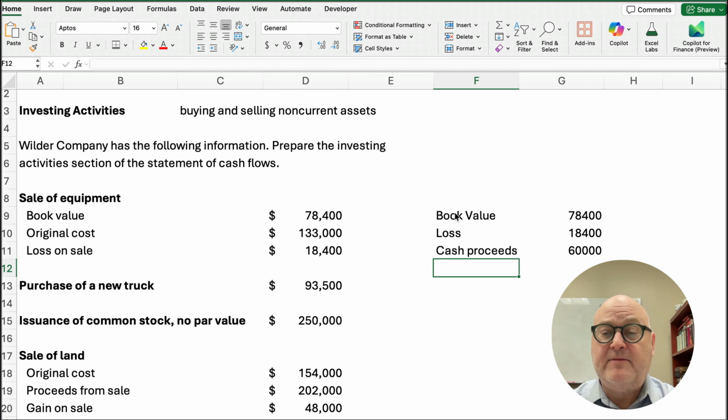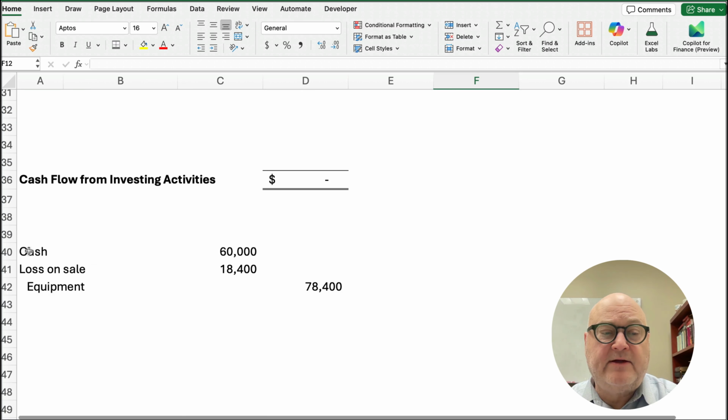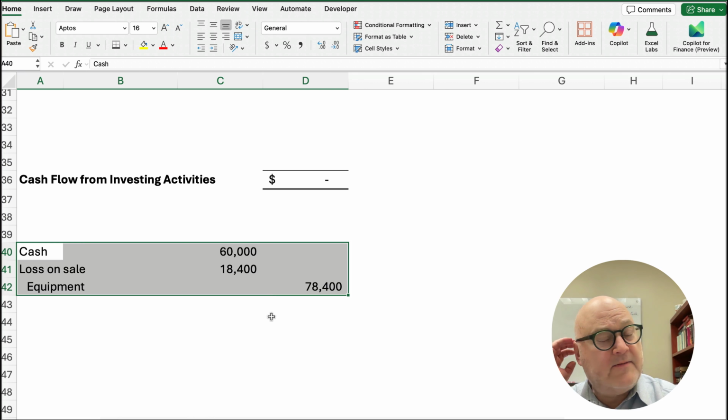Okay, so we're going to use the 60,000. The sale of equipment, we only care about the cash consequence. We're not doing the income statement here and figuring out the loss and all that. We're not doing the balance sheet and figuring out the original cost minus the accumulated depreciation. We're ignoring all that. That's for the income statement and the balance sheet. We're on the cash flow statement, so all we care about is cash, right? Another way to think about this would be a quick little entry.